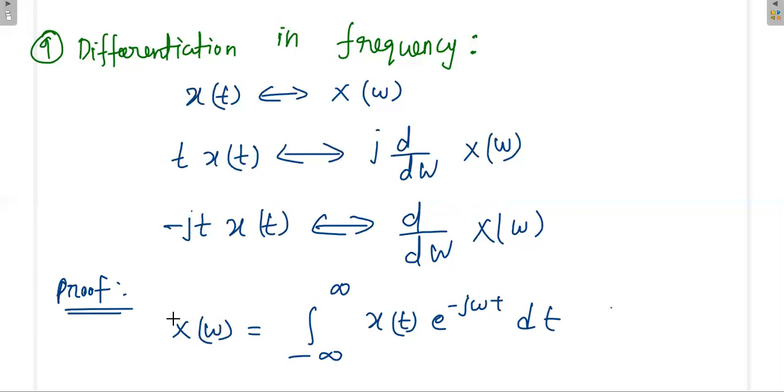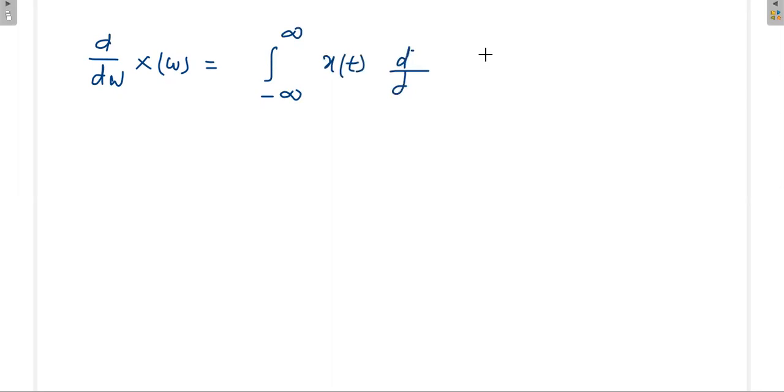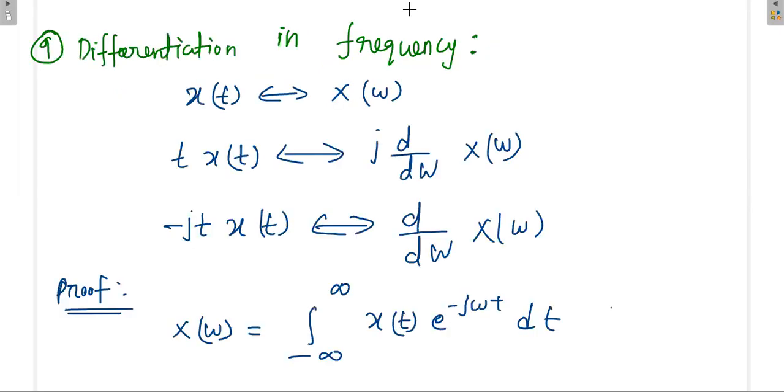So we will differentiate this to get d by d omega x of omega, which is integration from minus infinity to plus infinity x of t into d by d omega of e power minus j omega t, then dt. So for the base equation we are applying differentiation, the entire equation, with respect to the variable omega.